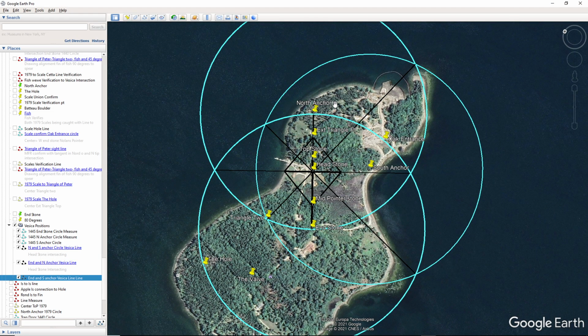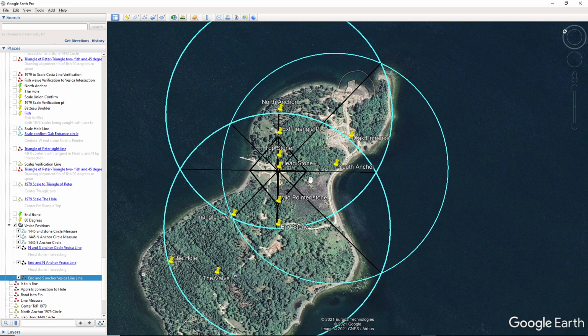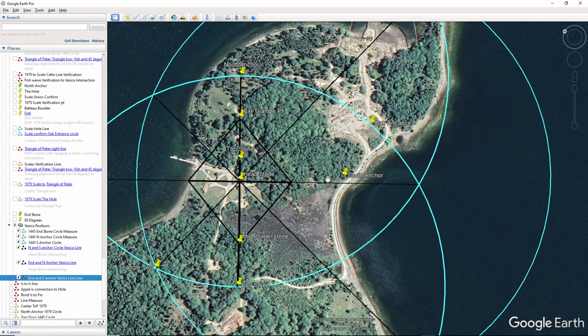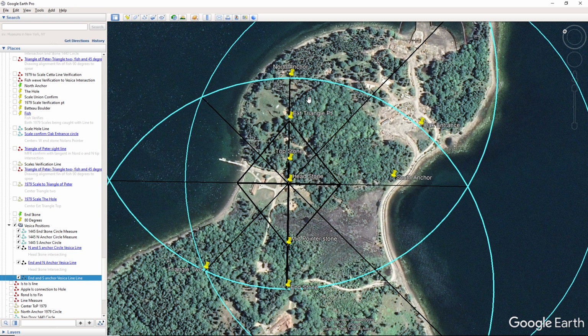Definitely Nolan's cross has a lot going on. I think the fact that the north anchor and the end stone are related in such a way, with this relationship to the south anchor being so precise, it only gives you a mathematical way of finding the south anchor.